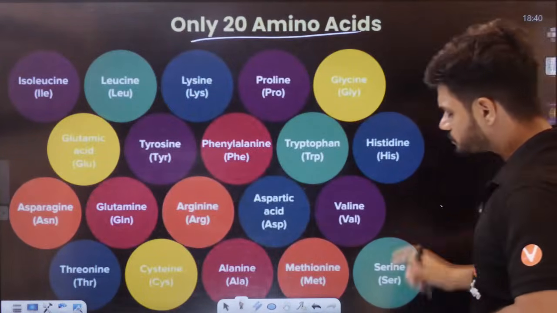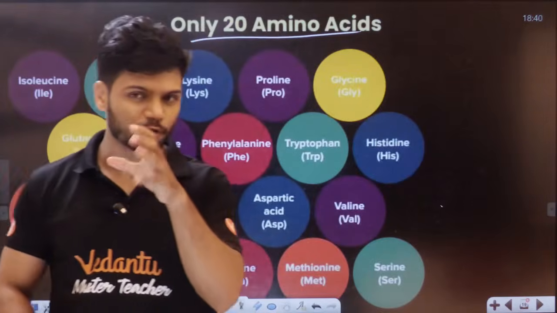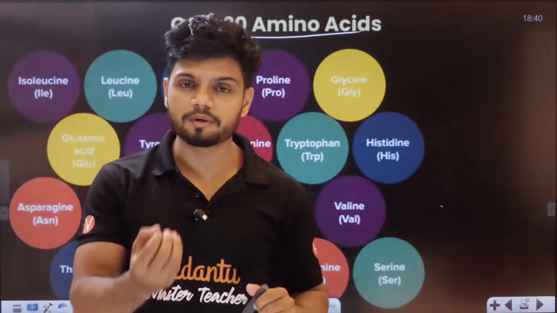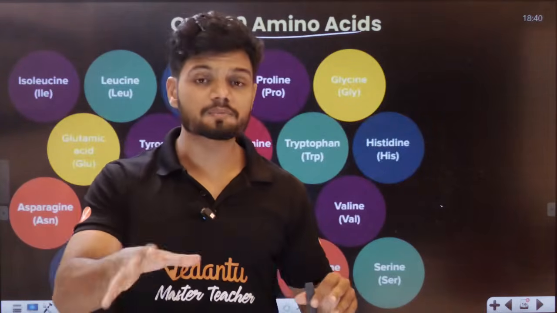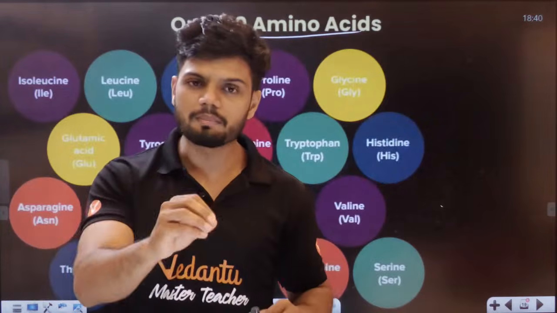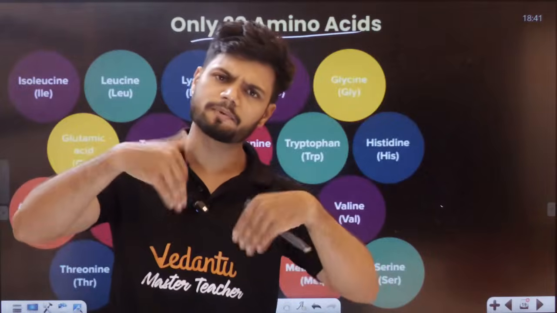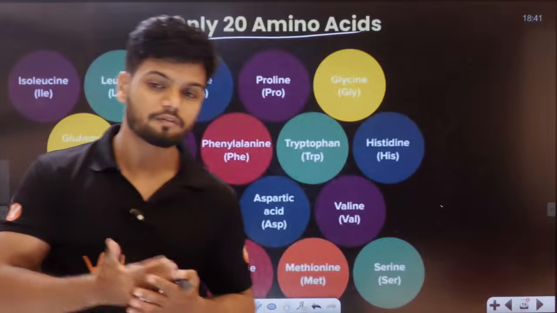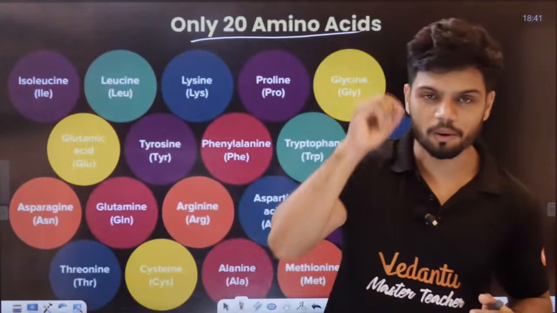Now, the question arises: where do we get these amino acids from? Some amount of amino acids is produced in our body itself. Now, what about the rest? Where do we get the protein from?